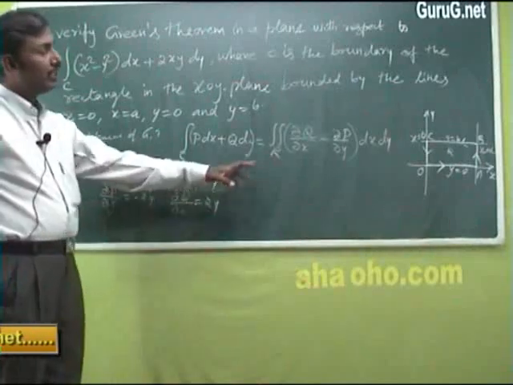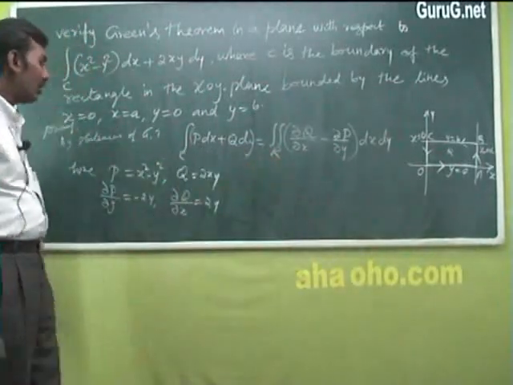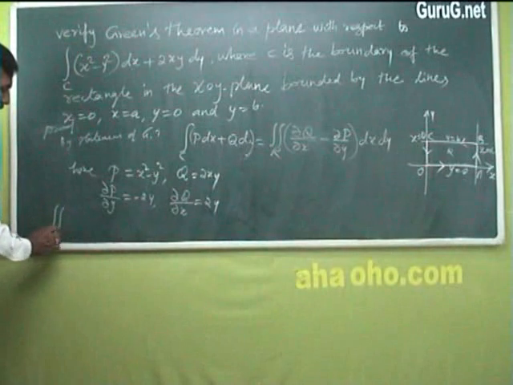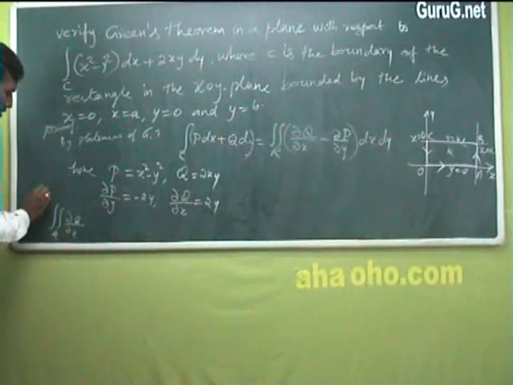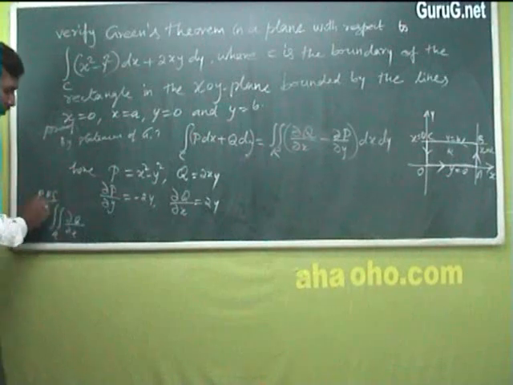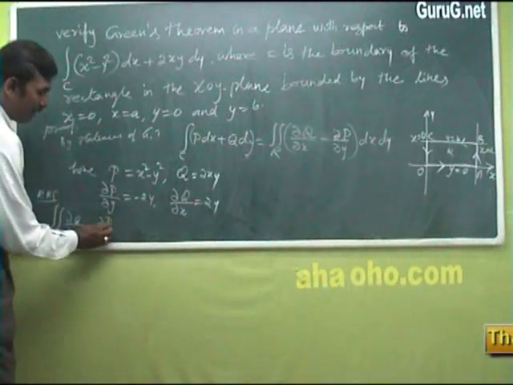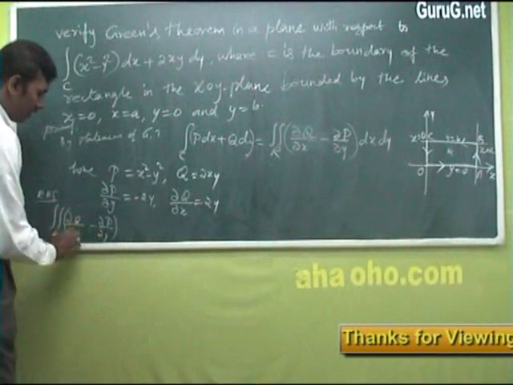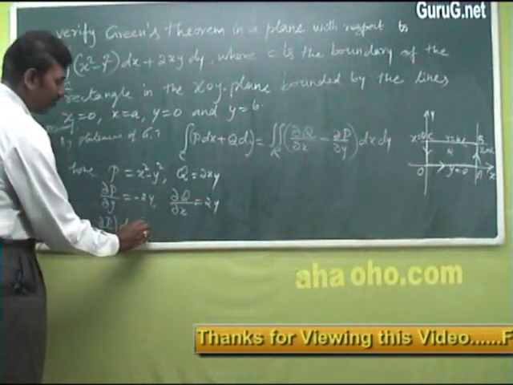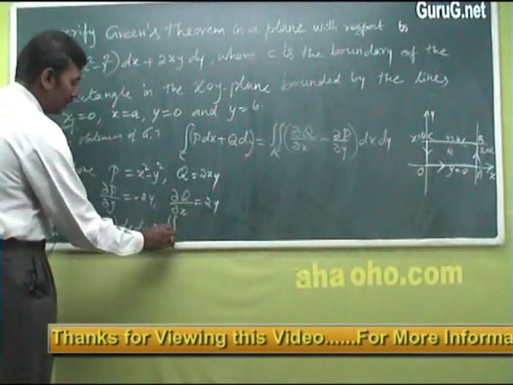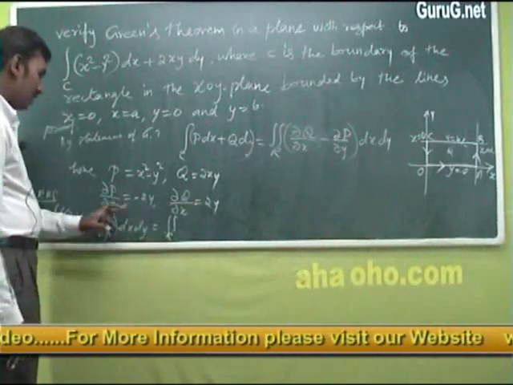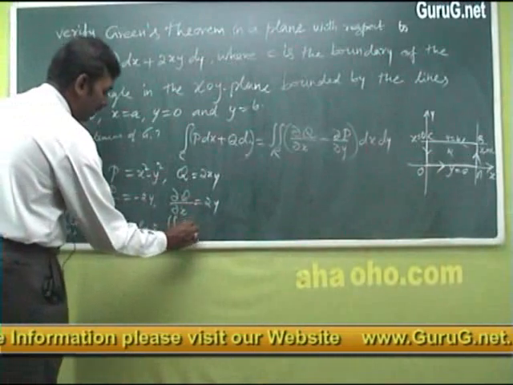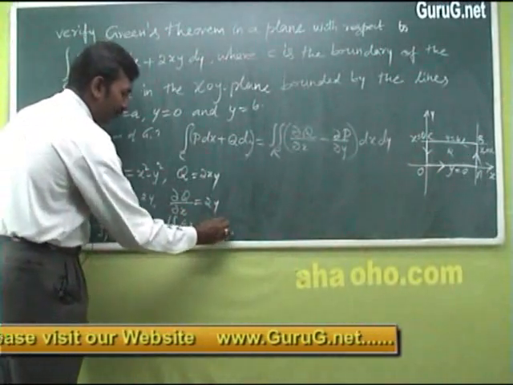Now we have to take the right hand side. You have to evaluate the right hand side of this theorem. So double integral over R of dou Q by dou x minus dou P by dou y dx dy equals double integral over R of 2y minus minus 2y, so 4y dx dy.